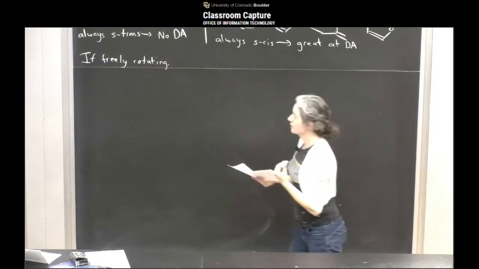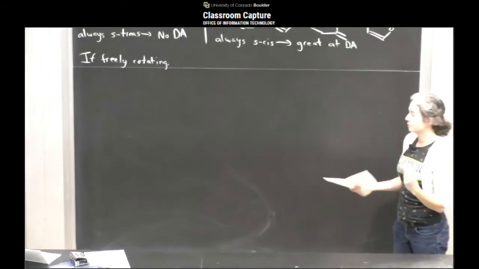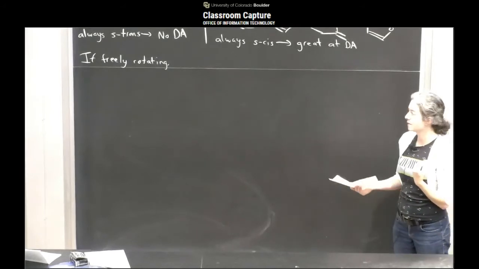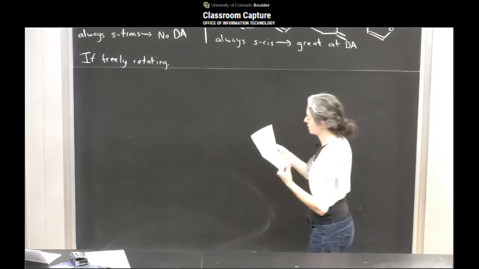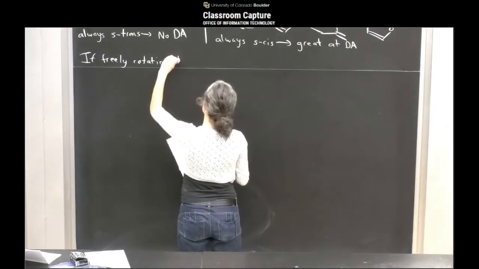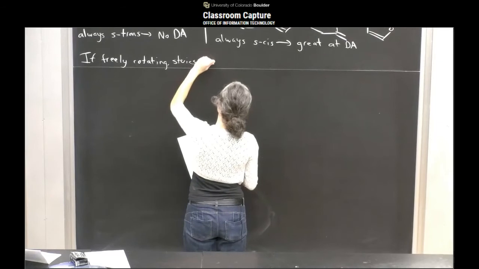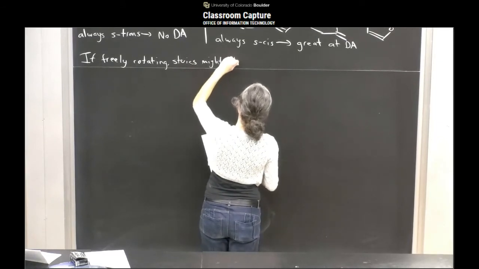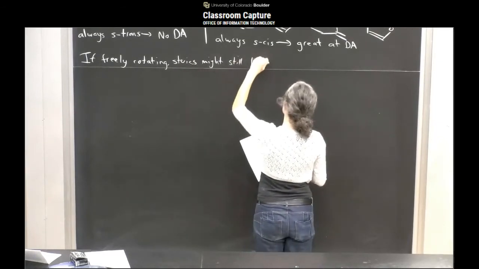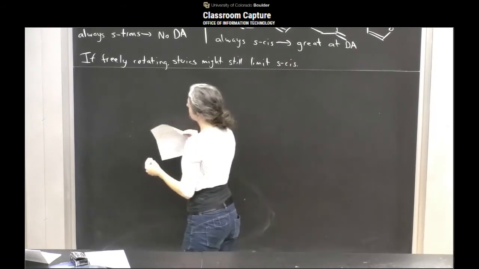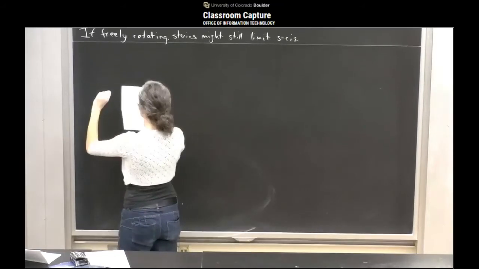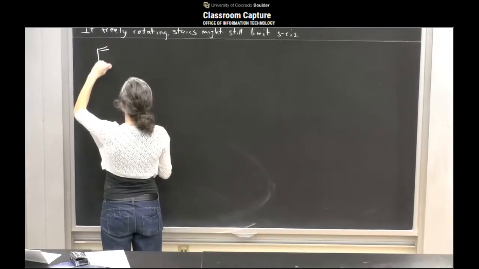If it's freely rotating, then we saw last time that sterics might kind of stop it from going S-cis some of the times, so that might also hamper Diels-Alder. So here's some rotating ones, like linear ones.